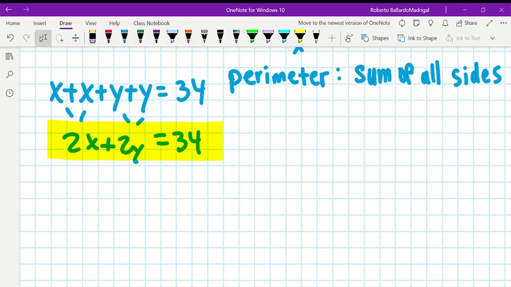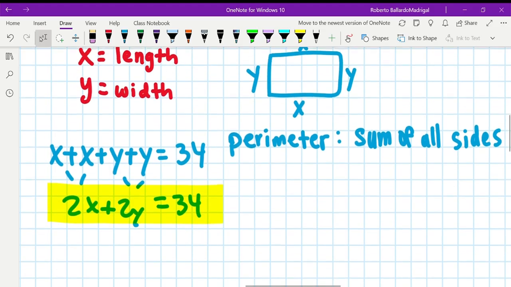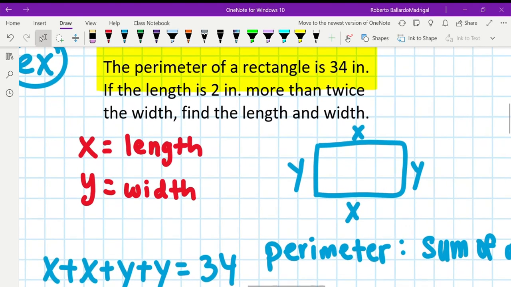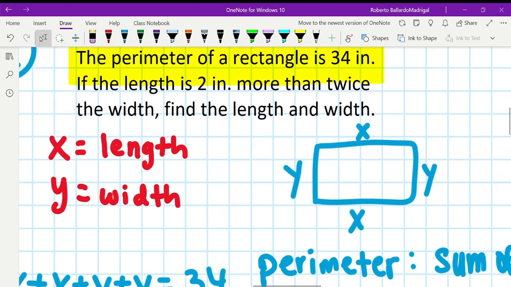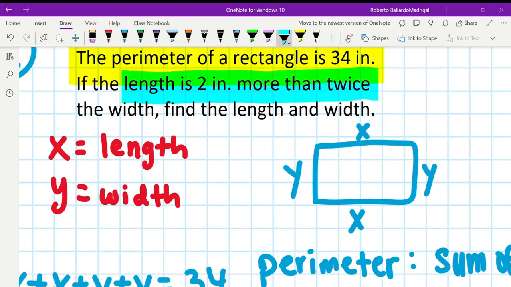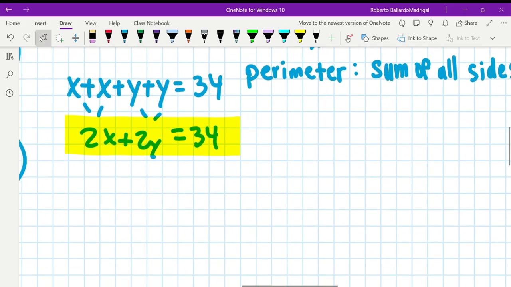Now here comes the next part, and this is the complicated one. We're told the length is 2 inches more than twice the width. Once again, the length is 2 inches more than twice the width. So x is the length, right?